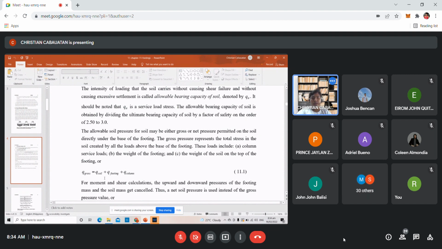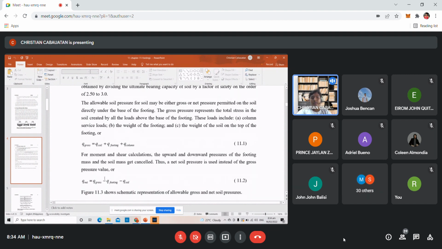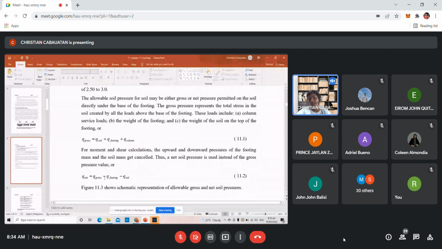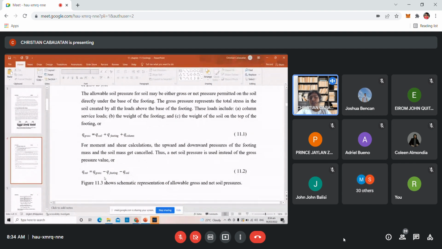So if you sum up all this, it could be derived as the bearing capacity gross. Okay? For the moment and shear calculations, no, the upward and downward pressure of the footing mass and the soil mass get cancelled. No? Yun nga, they don't consider the moment and shearing calculations for this.